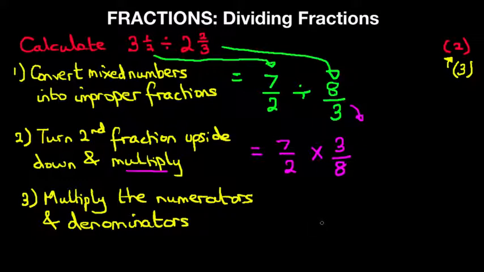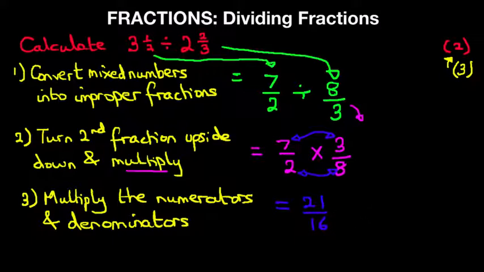So multiply the numerators and the denominators. So I'm just going to switch colors for this. So multiplying the numerators, we have 7 times 3. This becomes 21 over, and then we do 2 times 8. 2 times 8 is 16. So we now have 21 over 16.